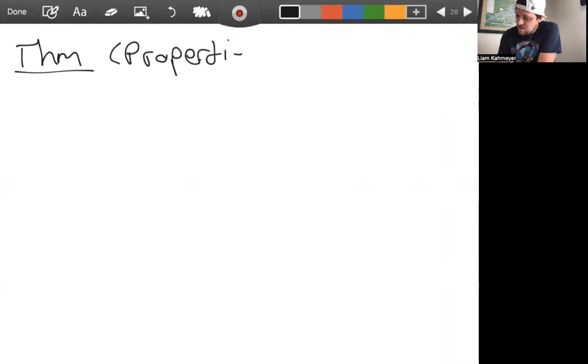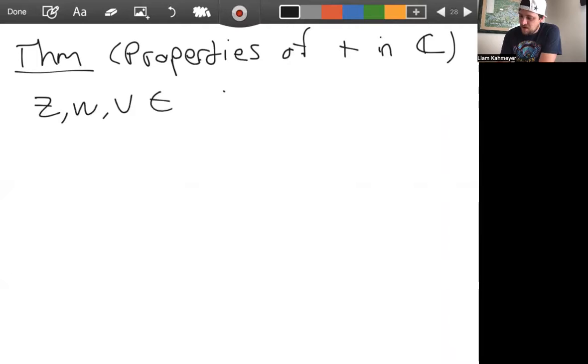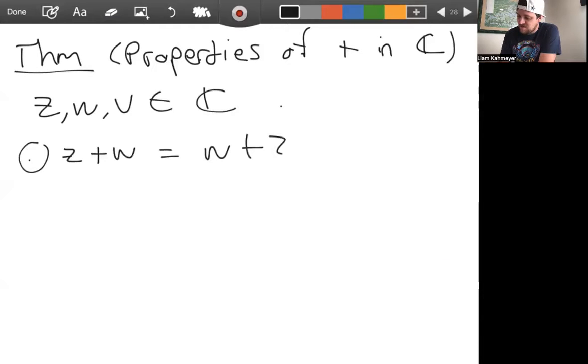What are some properties here? Let's look at a theorem. These are properties of addition in the complex numbers. Let z, w, and v be complex numbers. Then we have the following properties. Complex addition is commutative, meaning z plus w is w plus z.